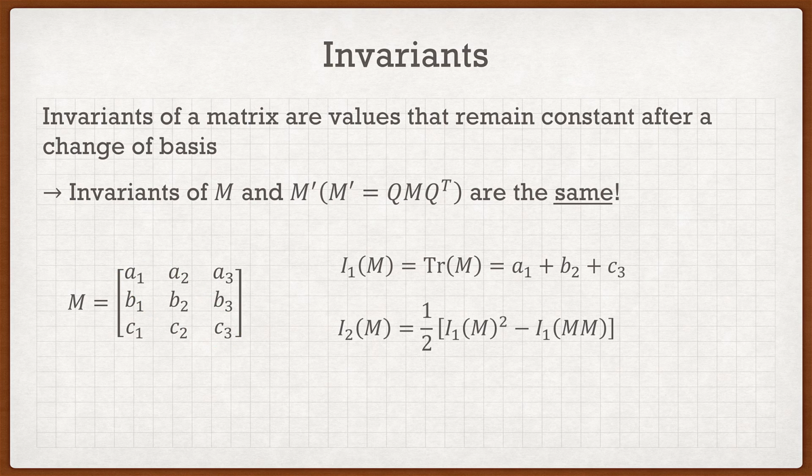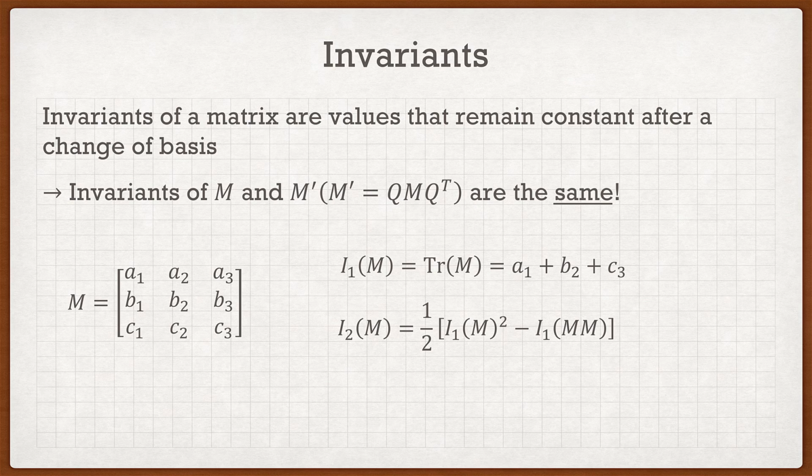The second invariant is a little bit more intuitive. These are all pretty easy, let's be honest. The second invariant is equal to 1/2 multiplied by invariant 1 of M squared. Keep in mind that the first invariant of M is squared. A lot of people forget that squared sign and get the wrong answer.